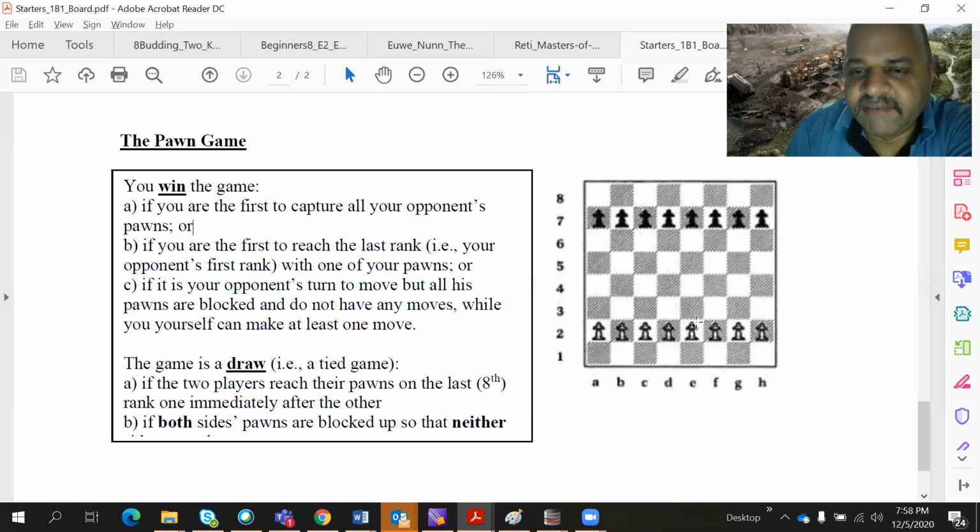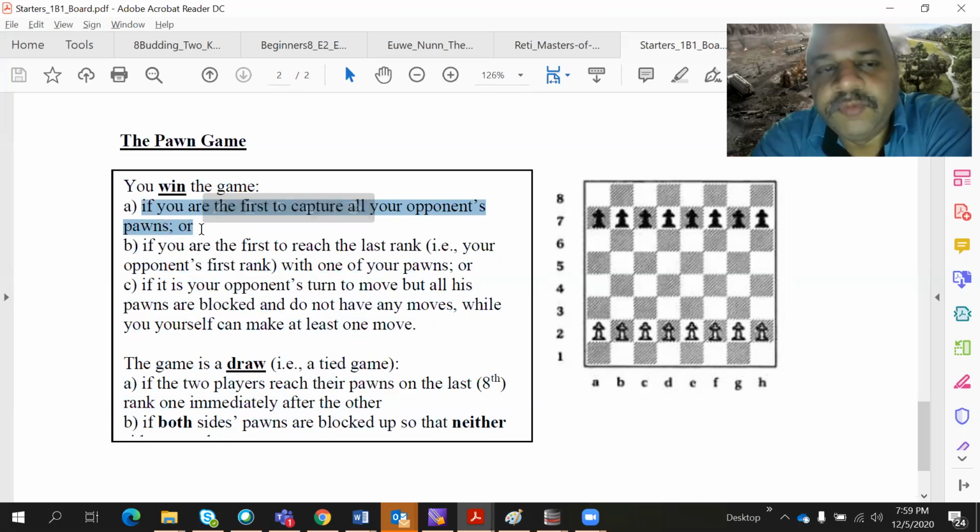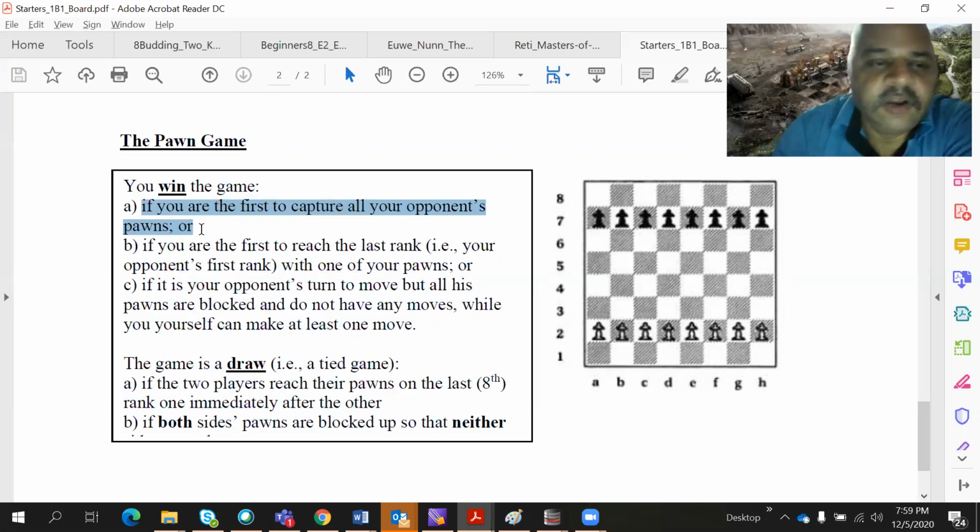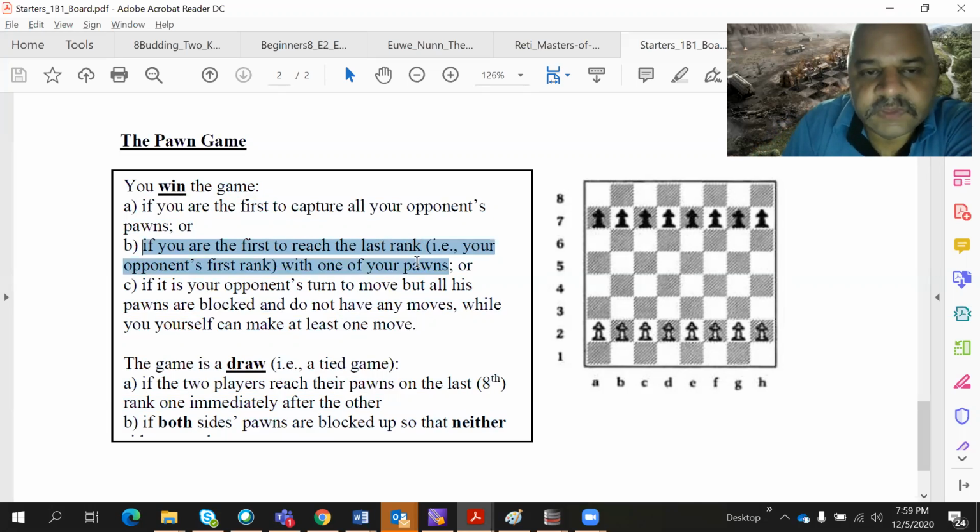What are the rules? You play normally only. White will start the play, black will respond, and every time you make a move. If you capture all of your opponent's pawns, then you are the winner. Or, in the second case, if you are the first to reach the last rank, your pawn can promote.